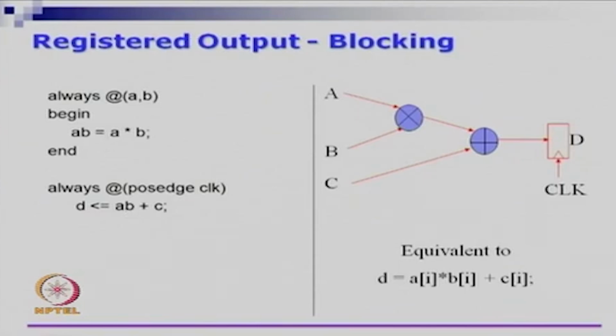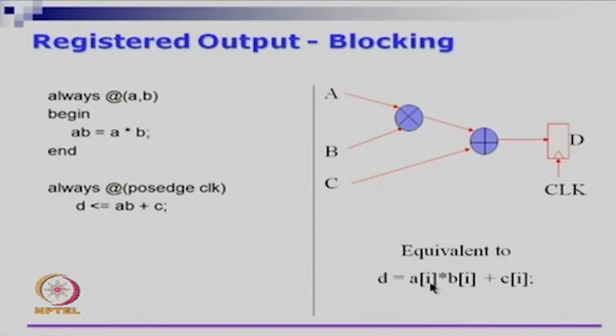So it's fairly easy to understand what this is doing, but more importantly, if you want to think about it as software, what you are actually doing is D of I is A of I into B of I plus C of I. So you are taking inputs which are all given at one instant of time, that is what this I means. This I is not a subscript within A, this A of I is time.